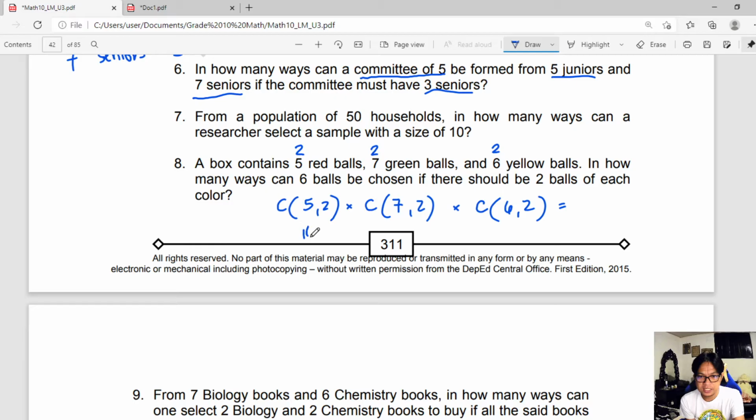The answer here is 10 times 7 combination 2, 21. Here naman we have 6 combination 2, 15. So if you're going to multiply that one, 10 times 21 times 15, the answer is 3,150. Yes, 3,150.